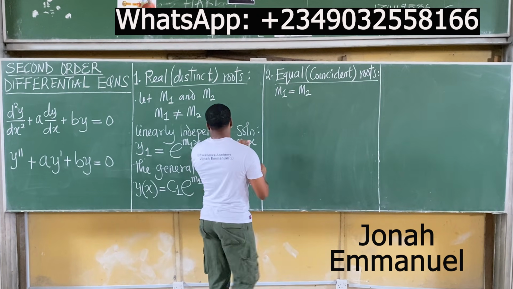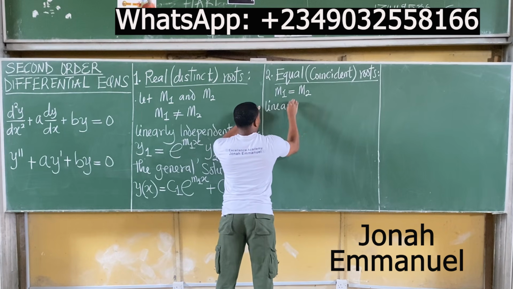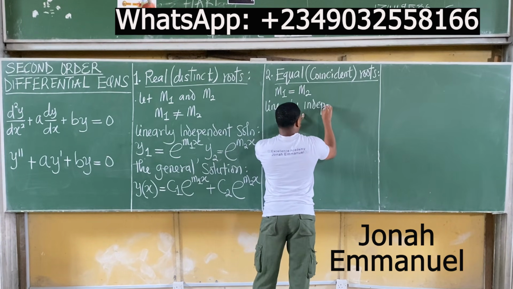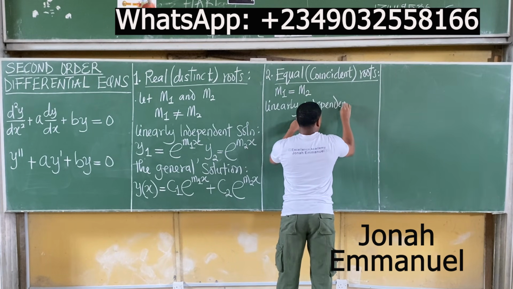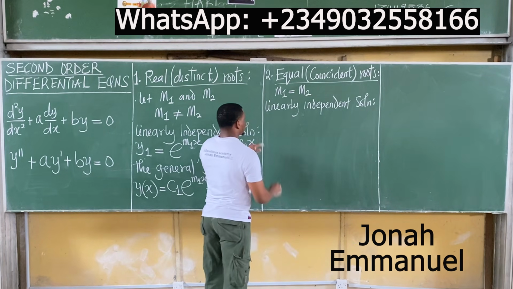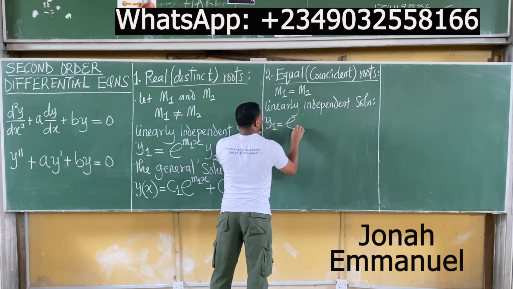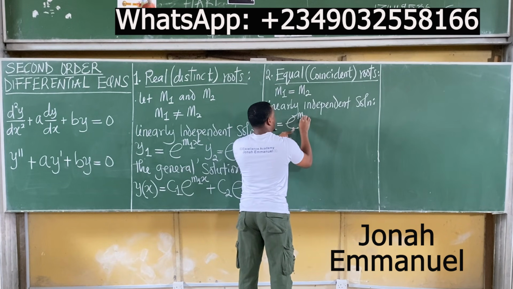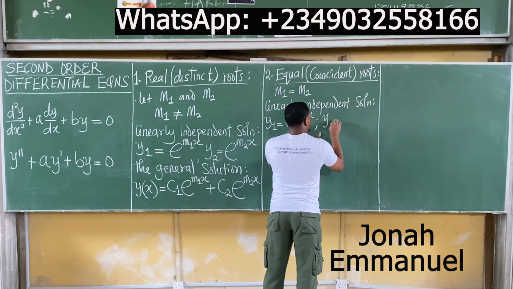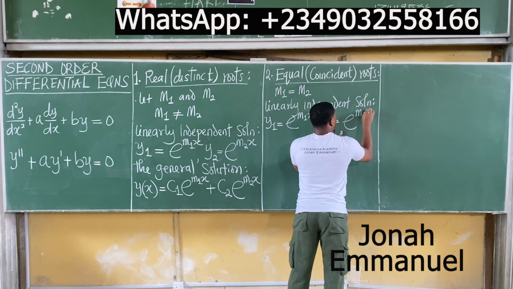The linearly independent solution is given by y1 equal to exponential m1x and y2 equal to exponential m2x.